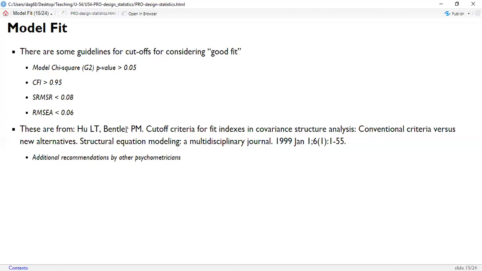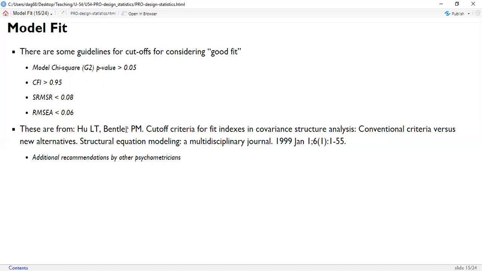And these cutoff criteria I have here are from an article by Hu and Bentler. I think this might be the first one to propose or systematically evaluate these different ones, as well as a whole bunch of other ones.